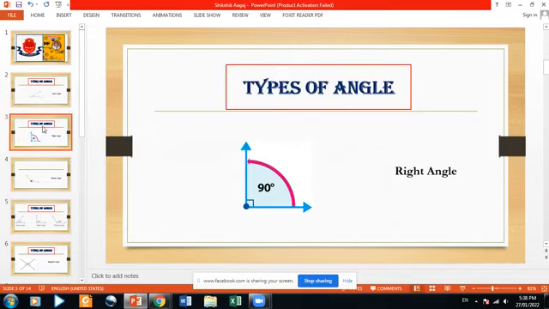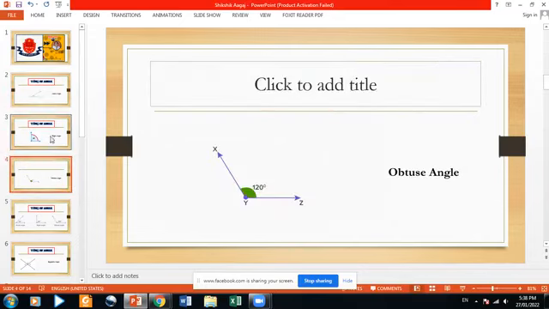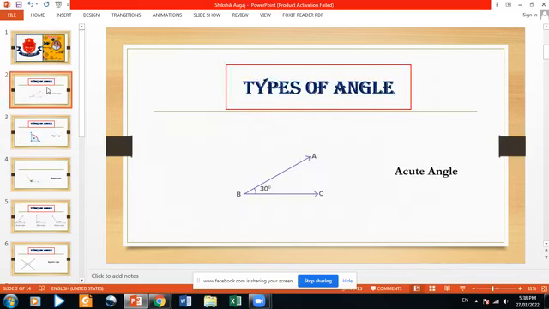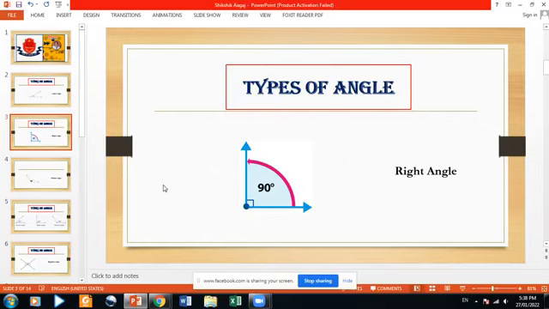There are different types of angles in different measurements. So when one ray is horizontal and another is also horizontal, and when they meet in one origin, this is a right angle.